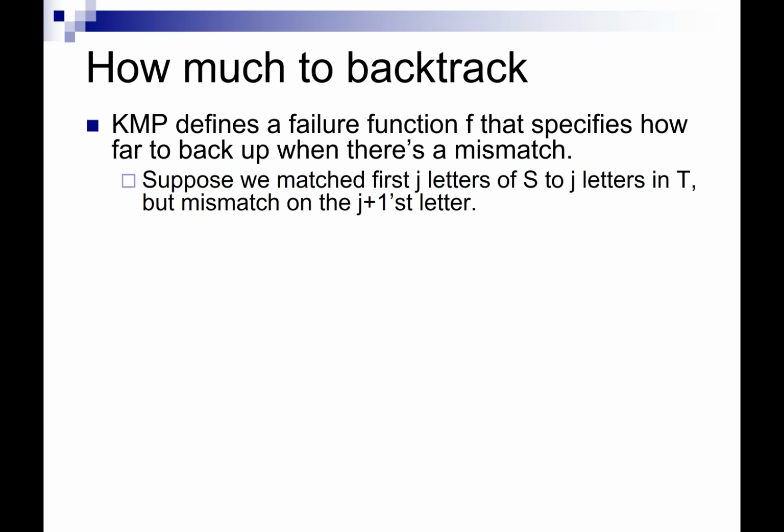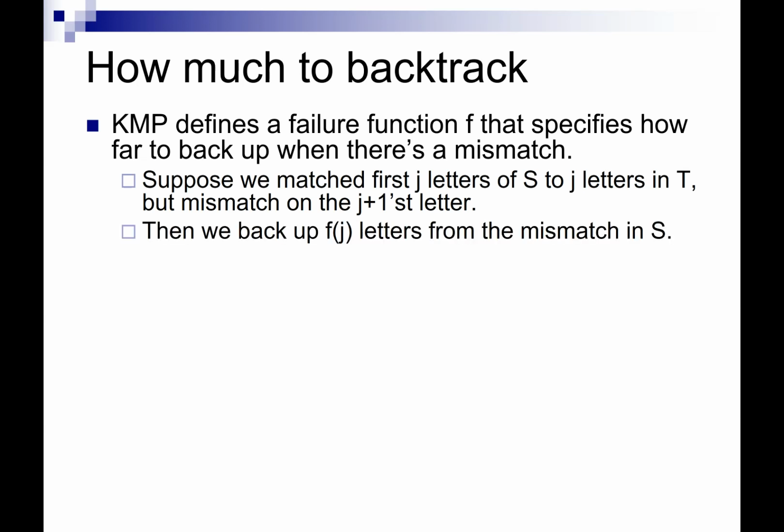In particular, suppose we manage to match J letters from S to J letters from T, but then there's a mismatch on the J plus first letter. In that case, we're going to back up by f of J letters from the mismatch in S.